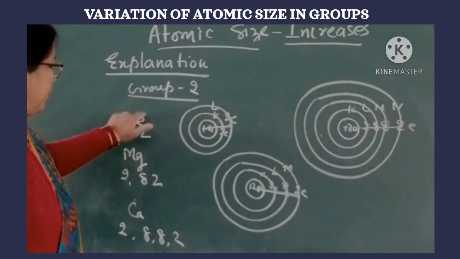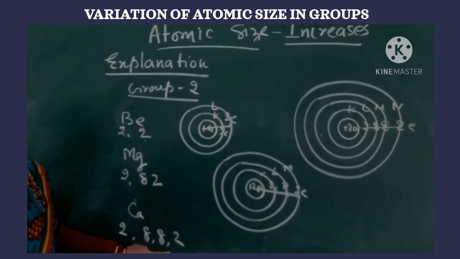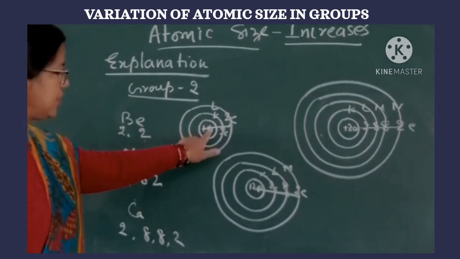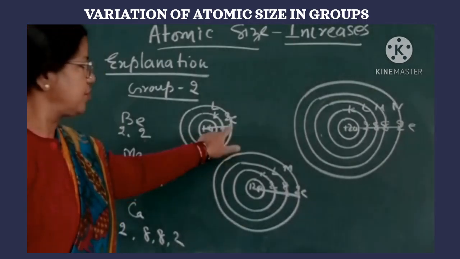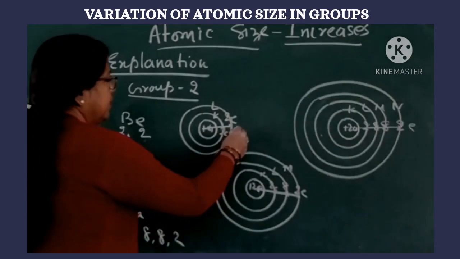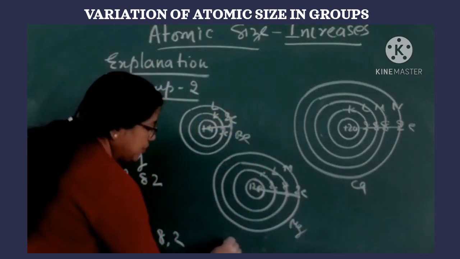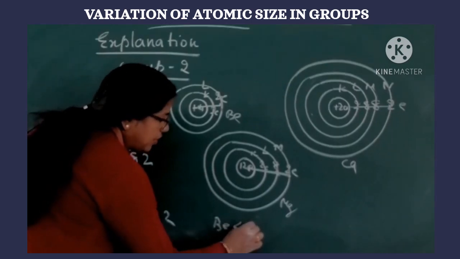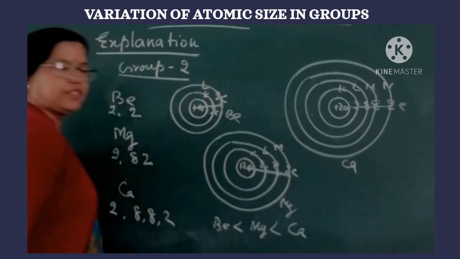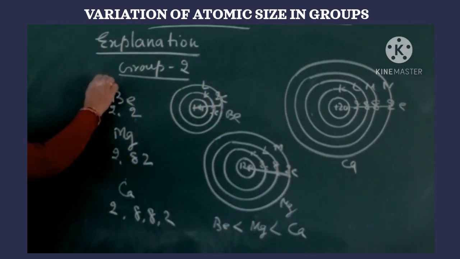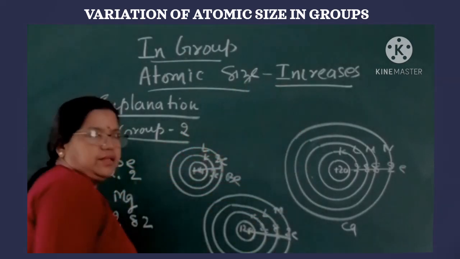So on moving from top to bottom, as one extra shell is added in each step, the distance between the center of the nucleus and the valence shell electron increases from beryllium to magnesium to calcium. That means beryllium is smaller than magnesium, and magnesium is smaller than calcium. So on moving top to bottom, the atomic size increases.